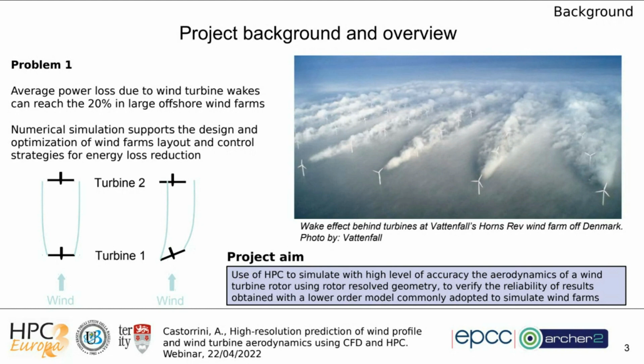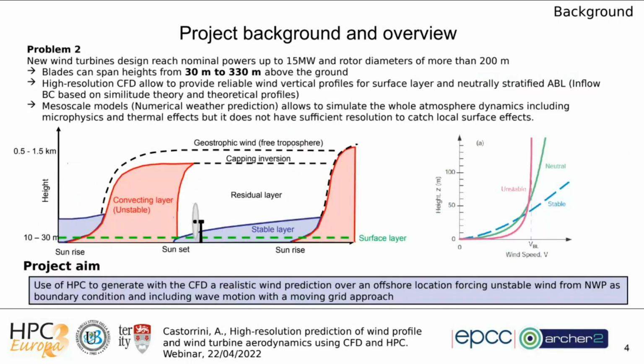A second point that is important to ensure a reliable solution in the numerical simulation of wind turbines is to give the numerical simulation a realistic inflow at the rotor.